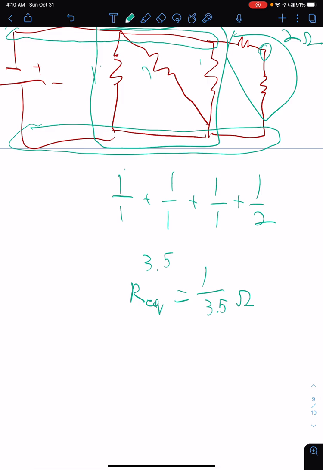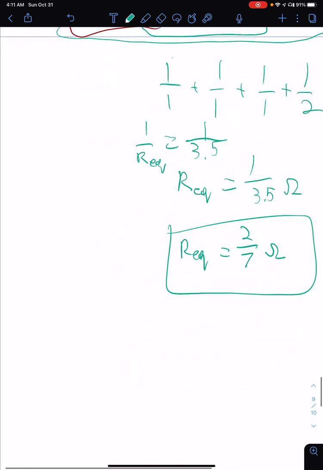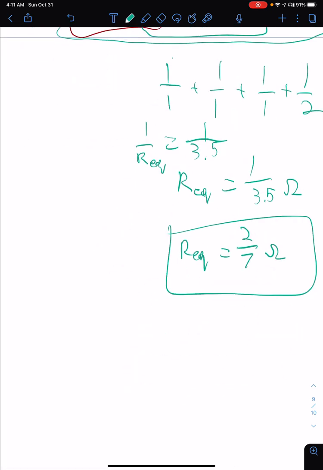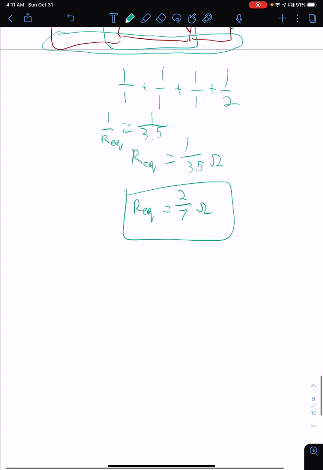And the simplification of that would be 2 over 7 ohms is equal to your R equivalent. And then you're done.